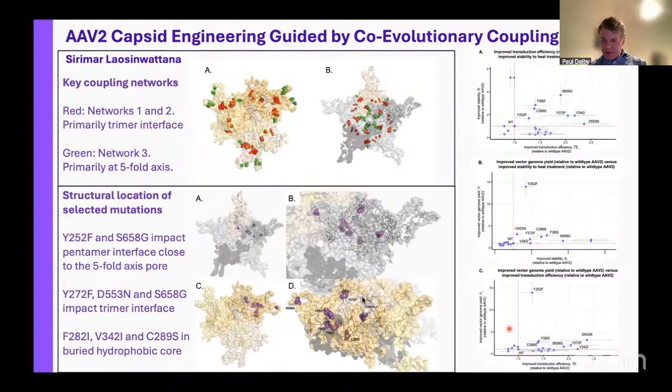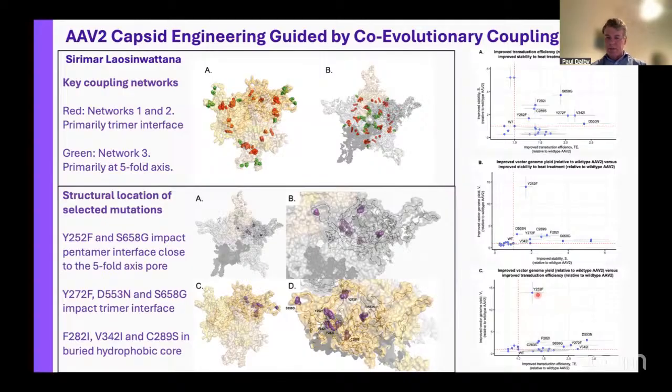I can't see my own screen. The vector genome yield here. So in this first round, we had one variant which jumped out above wild type, down here with the dotted red line. This is a yield of something like 14 times in terms of production. That's rare to get that big a jump with a single mutation, but that's the kind of thing we're looking at here.